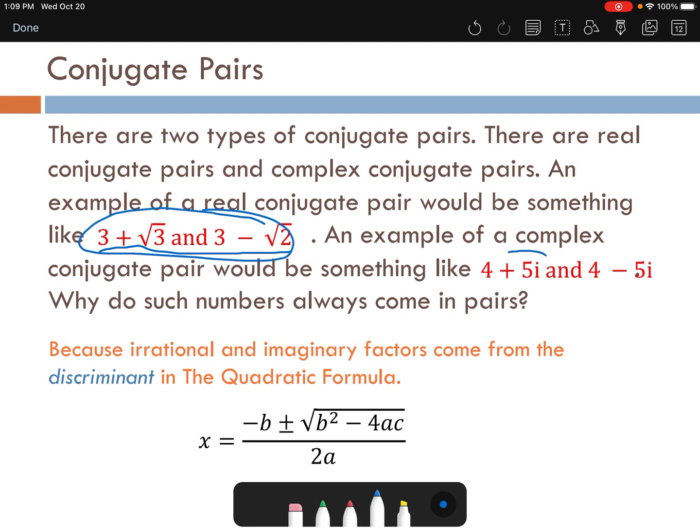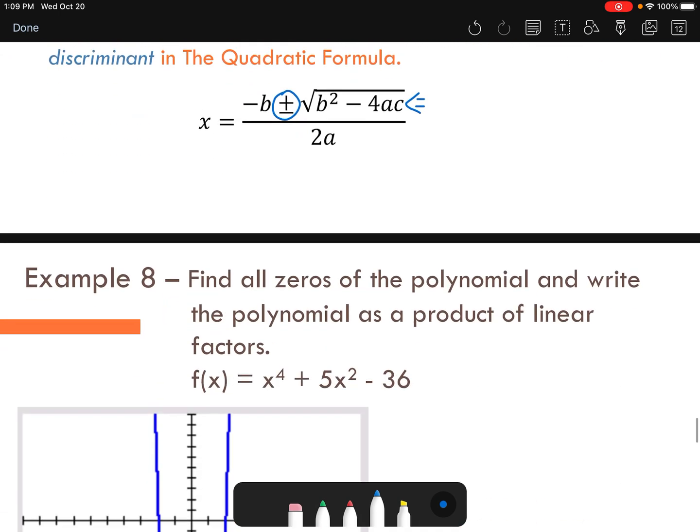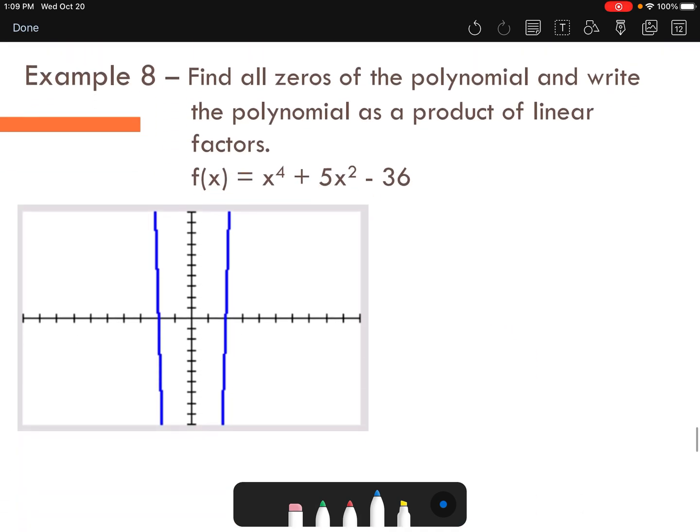Those would be real zeros. However, they could be complex as well, 4 plus 5i and 4 minus 5i. The reason they come in pairs is because of the discriminant, right there. You're going to have a plus or a minus. So that is why we have the pairs of conjugates.